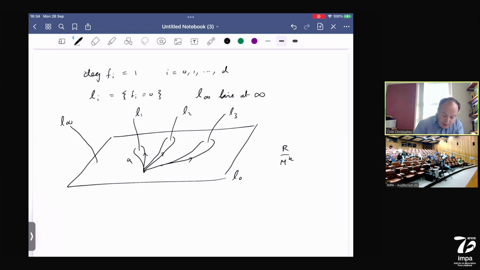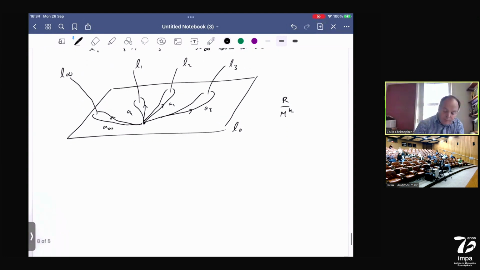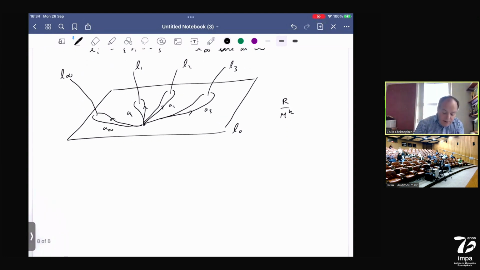Let's call those A1, A2, A3, and there's also going to be an A infinity. And I'm going to take an integral: t_k will be the integral of eta over m around the loop a_k. And I want to try and find some way of dealing with this.